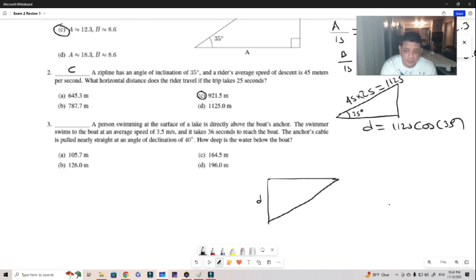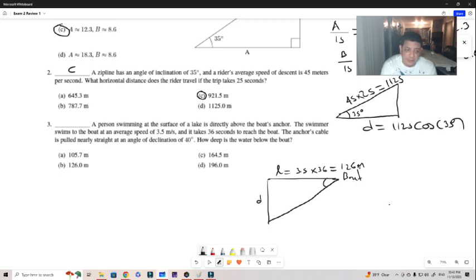The swimmer swims to the boat that is over here at a speed of 3.5 meters per second, and it takes 36 seconds to reach the boat. So pretty much if I call this L, this L is going to be 3.5 times 36, which multiplying that is 126 meters.